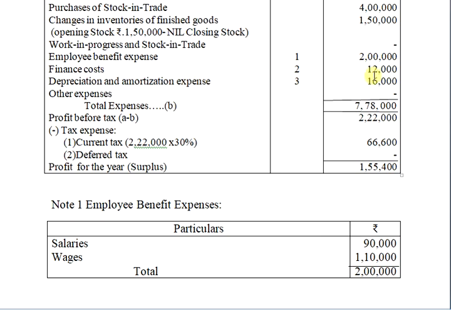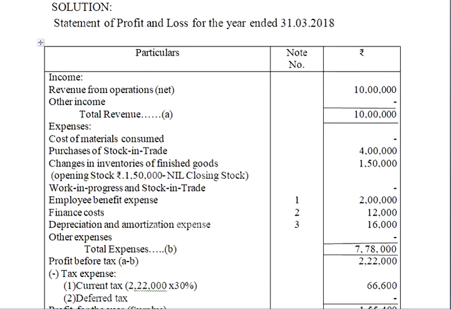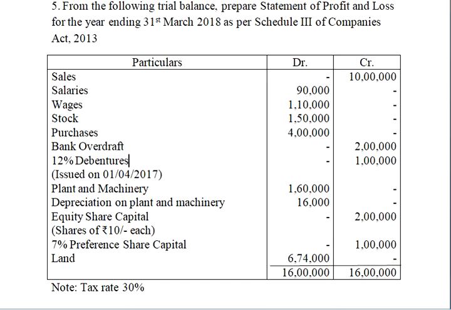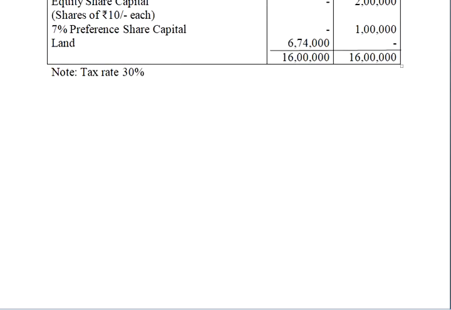Finance cost, 12,000. How did we get this finance cost, my dear students? Here hidden information is given. Where is it given? Listen here, 12% debentures, and the date is also given. On which date? 1/4/2017. We are preparing on 31st March 2018. So 1 lakh into 12%, for 1 year, how much will it become? 12,000.